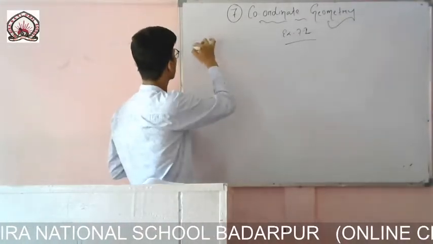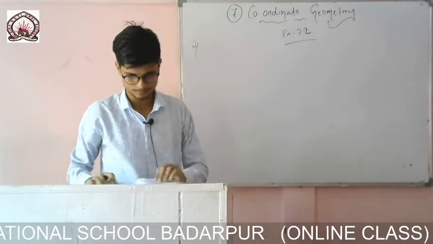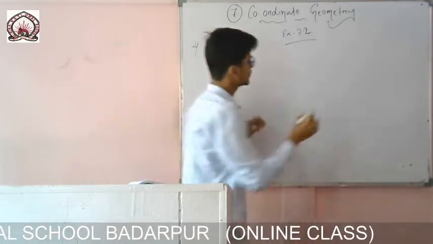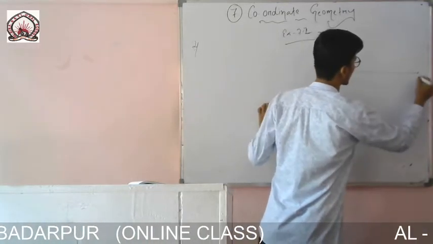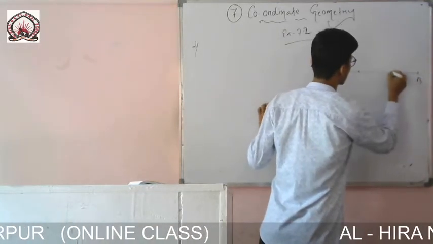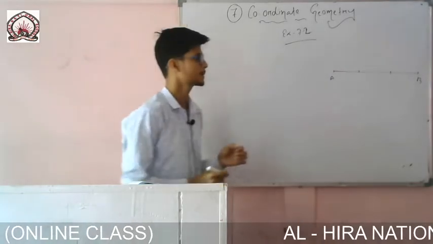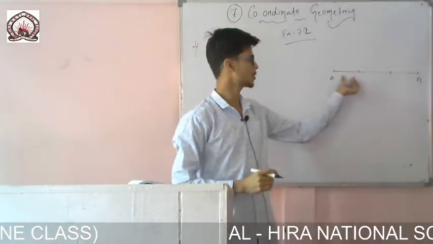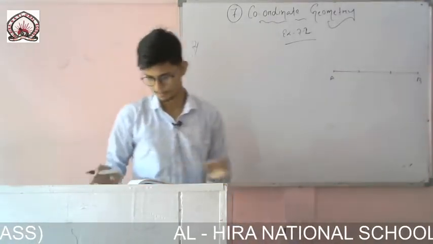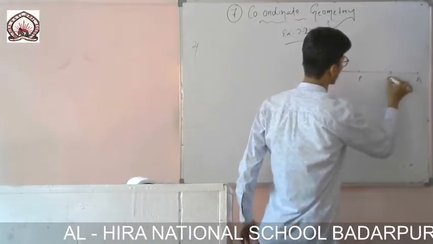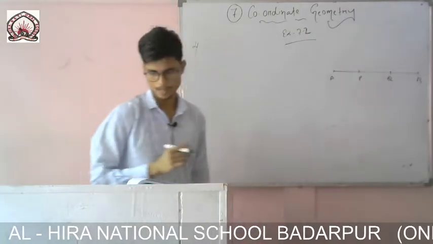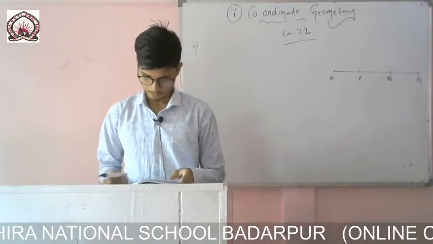Question number 2. We are taking 2 points A, B and the line is divided like this into 3 equal parts. So trisection: 1 part, 2 parts, 3 parts. We'll give them the names P and Q. Now you see the coordinates are given.